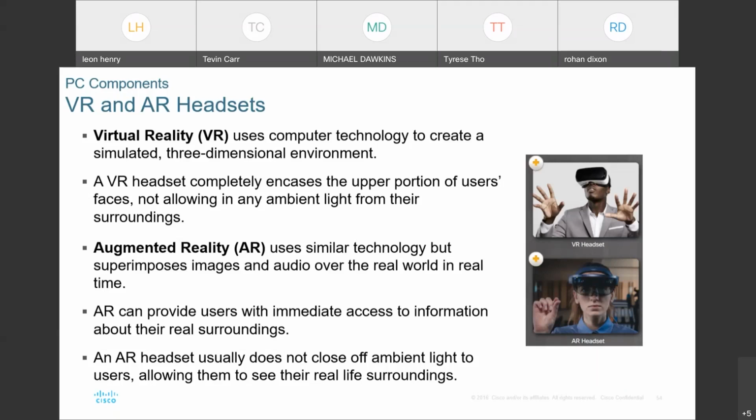Then you have augmented reality, and it uses a similar technology, but superimposes images and audio over the real world in real time. I'll give you an example. Somebody might have a video of, say, Paris, and then they will have another video or image that is superimposed over the location.